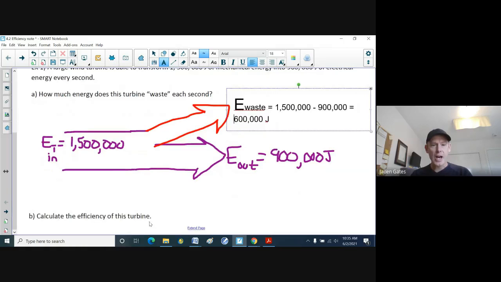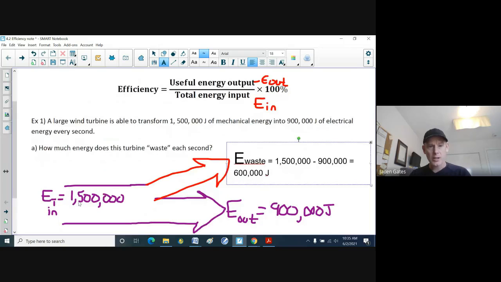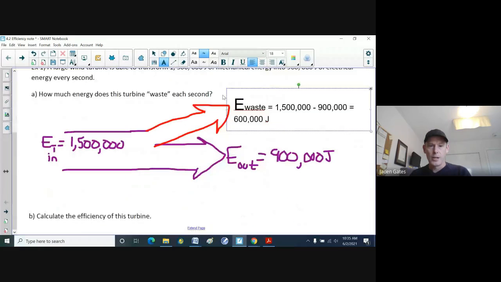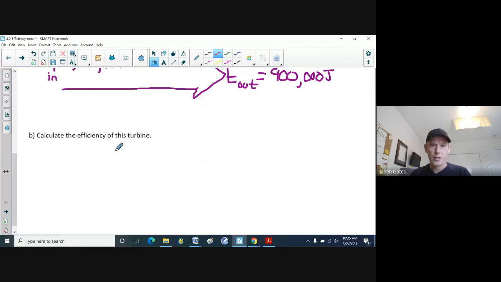Now, it says calculate the efficiency of this turbine. Again, the only values we need are in purple. The 1,500,000 is our E in, the number that goes on the bottom, and our E out is the number that goes on top. So when I'm calculating the efficiency, EFF for efficiency, is equal to the output, E output, divided by the E input, the energy put in.